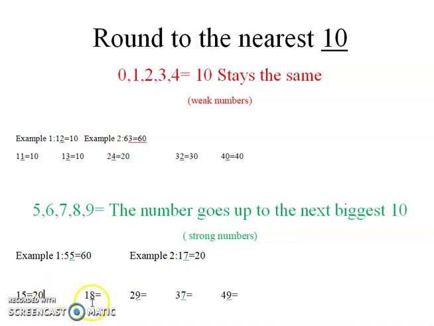Okay, let's do this problem. Number 18. And here we've underlined the number again in the ones place value. And this is going to tell us if we can round up or if our number is going to stay the same. So we see that 8 is a strong number, and that's going to allow us to round up to 20.